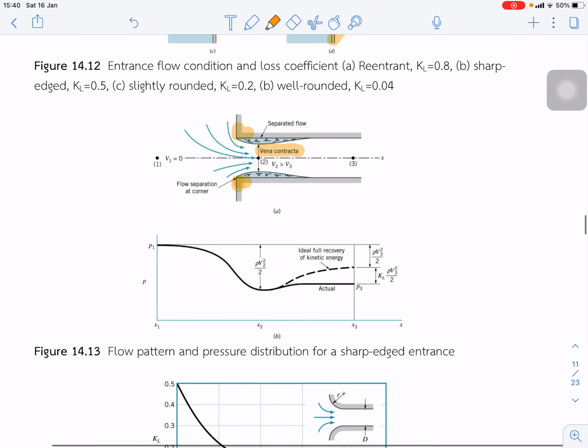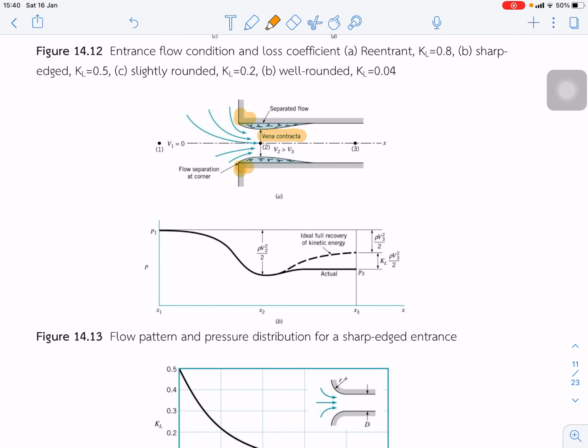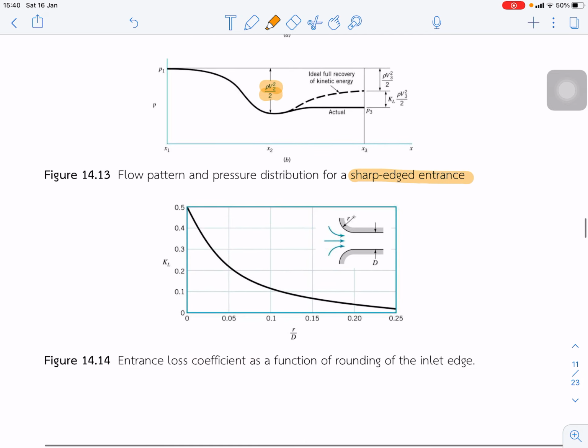And for the flow pattern and pressure distribution at the sharp edge entrance, we expect that there is a loss in this region. And if we increase the radius over the diameter for the entrance, the radius increases with a smaller KL.